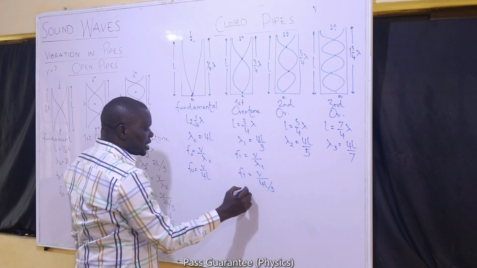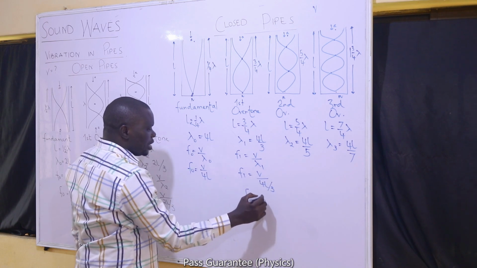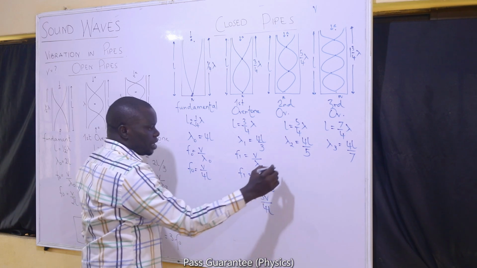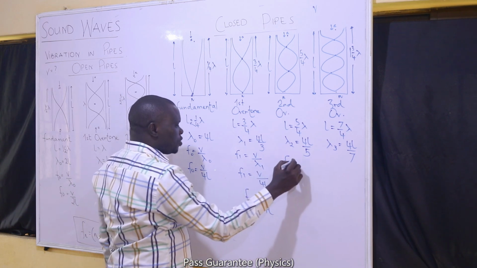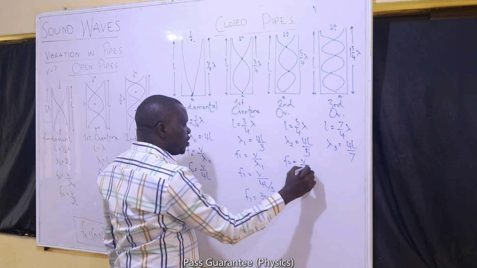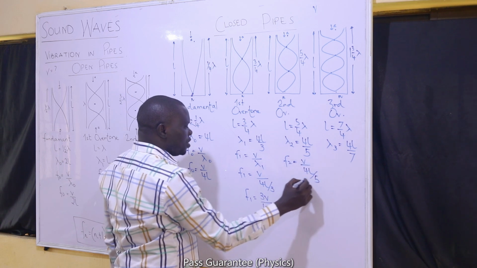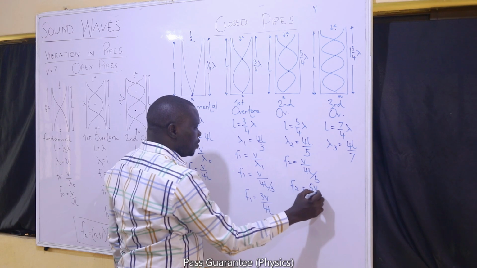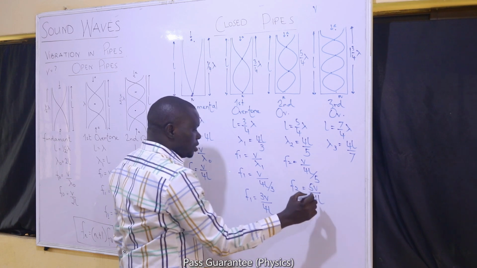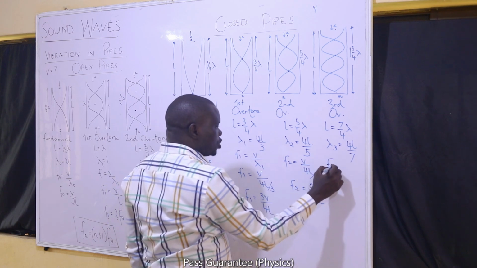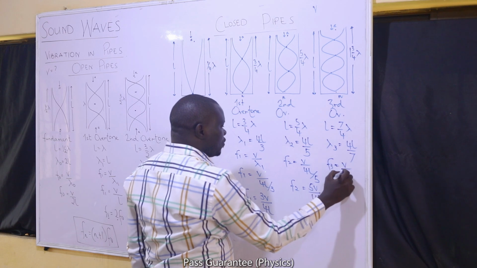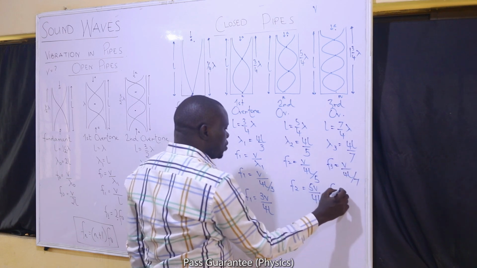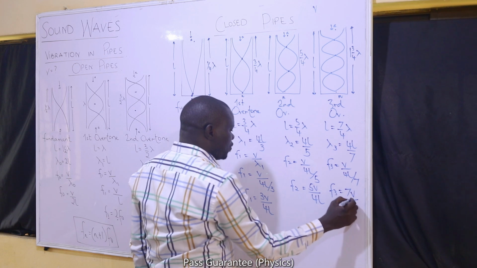We can actually take that 3 up. It becomes F1 is equal to 3V all over 4L. F2 must be equal to V all over 4L divided by 5, which means F2 will be equal to 5V all over 4L. And F3 must be equal to V all over 4L divided by 7, which means F3 must be equal to 7V all over 4L.